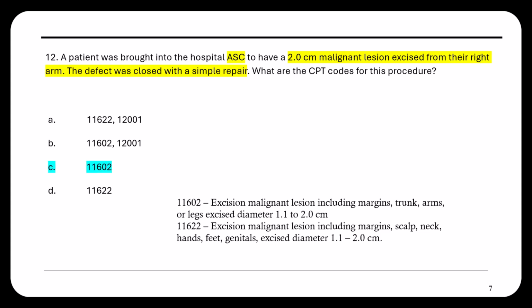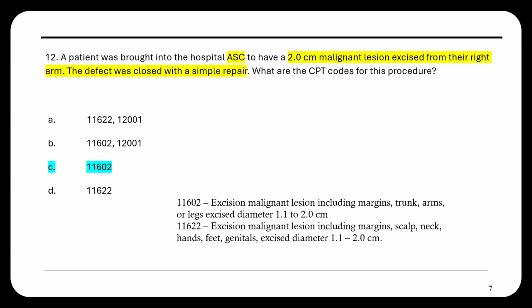No. When you have a simple repair, and you can find this out by looking at the beginning of the malignant lesion excision codes, you'll find out that if it's a simple repair, the actual repair is included within the code.